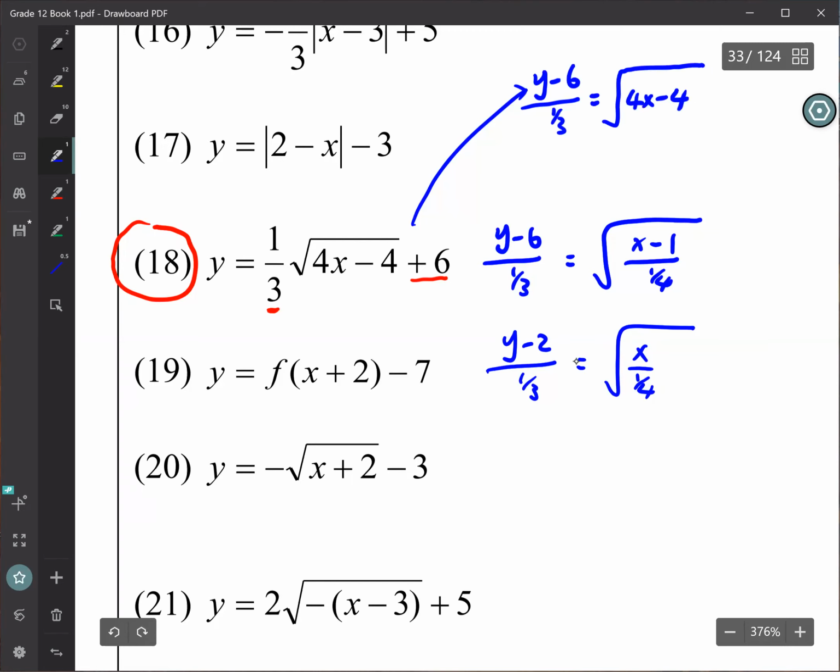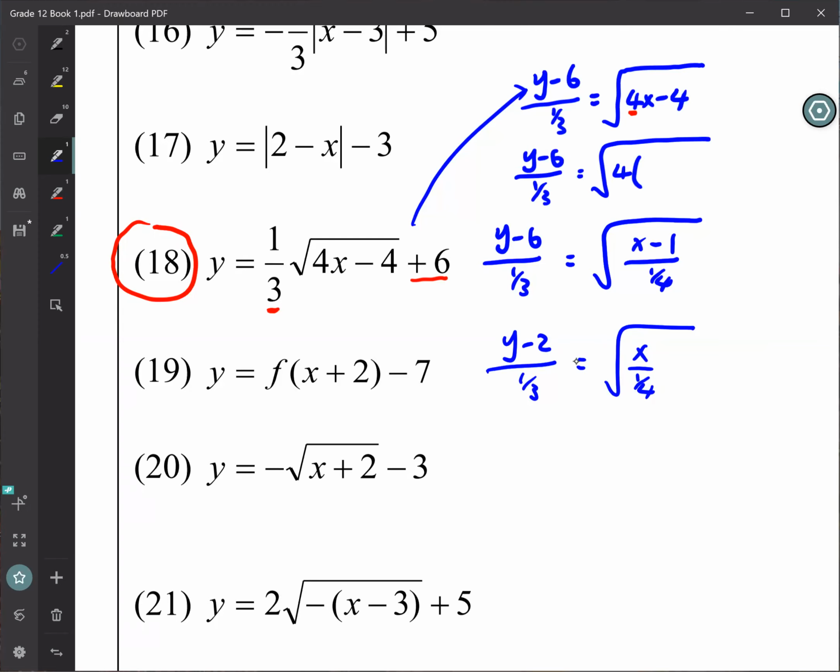Now for the inside, we'll keep it the same for now. Because we cannot have a number attached to the x, we need to factor it out. So (y minus 6) over 1/3 stays. We take the 4 out, meaning you divide by 4. So 4x becomes x, and 4 divided by 4 gives you 1.